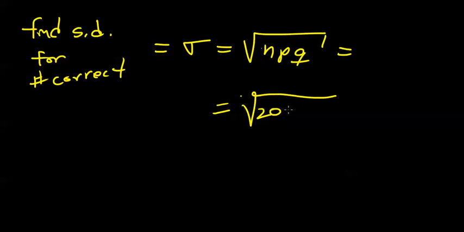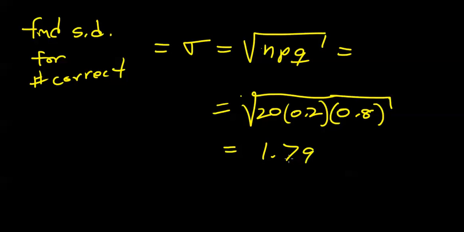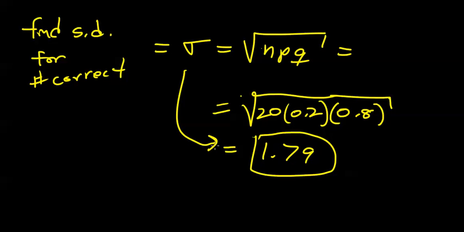We've got 20 trials. 0.2 is my probability of success in any one trial. And if p is 0.2, remember q is the probability of failure. So q is the probability complement of 0.2, which is of course 0.8. And if I grind that out, I get a standard deviation of 1.79.